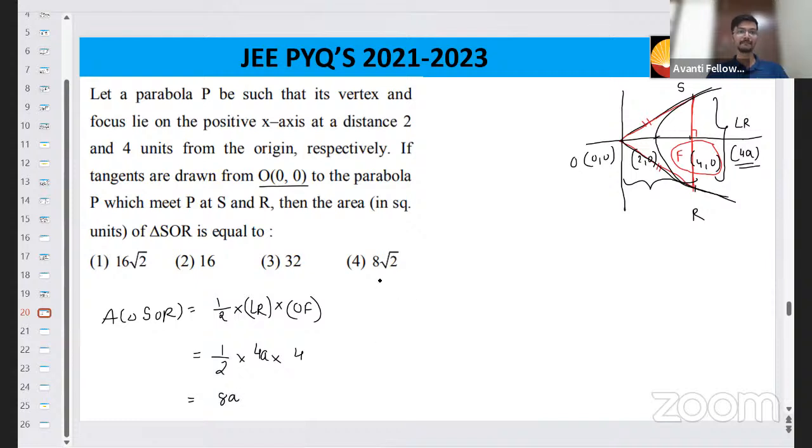Now what is a? For a, the focus coordinates are (a, 0). But we cannot use this because we have to use a shift of origin. So this is the vertex, right?